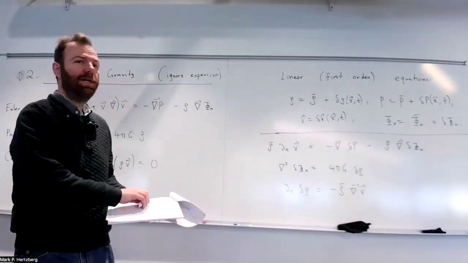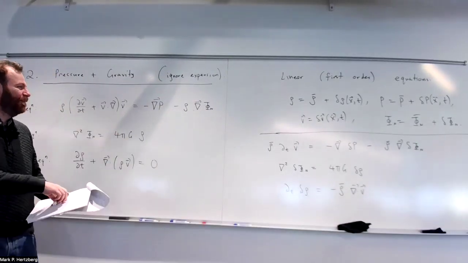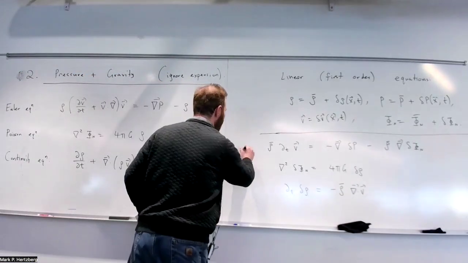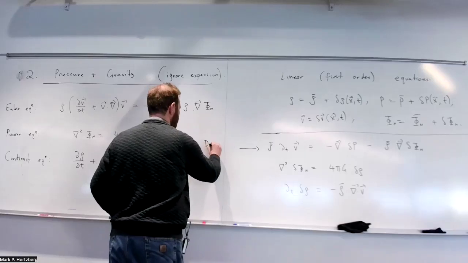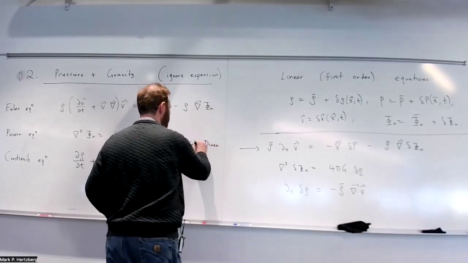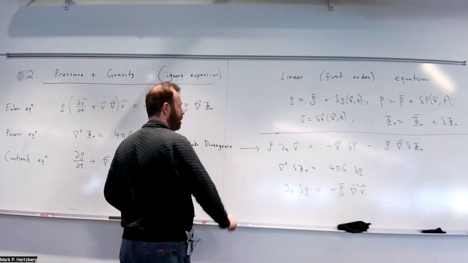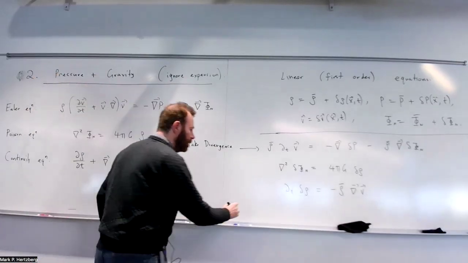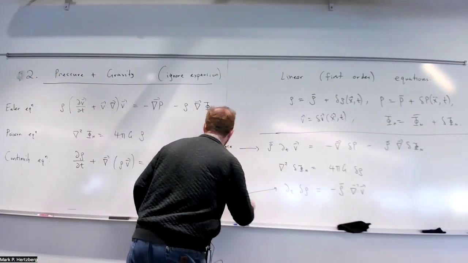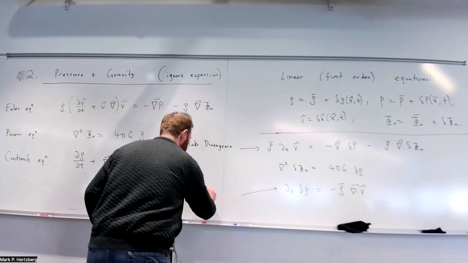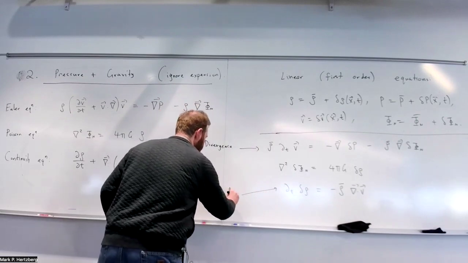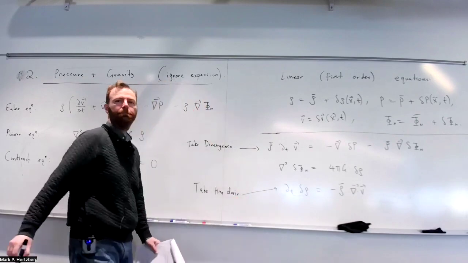So then we do essentially the same manipulations as last time. You want to take a divergence of this thing, and we're going to take a time derivative of this thing.